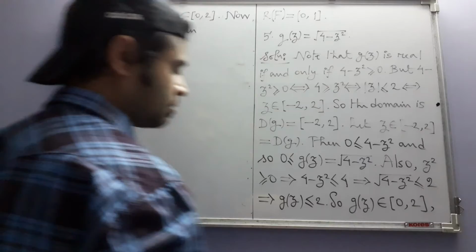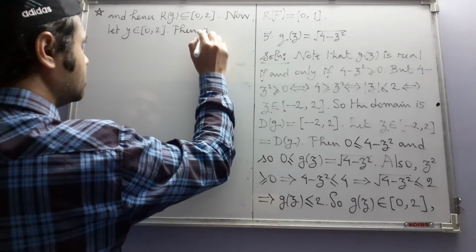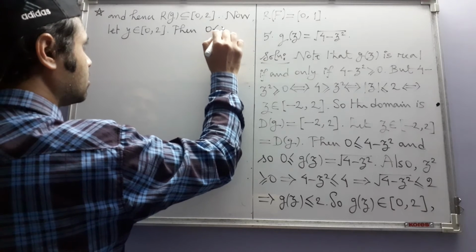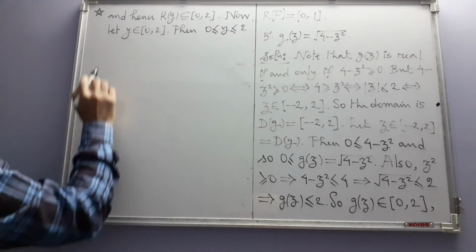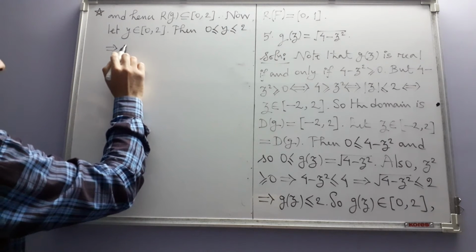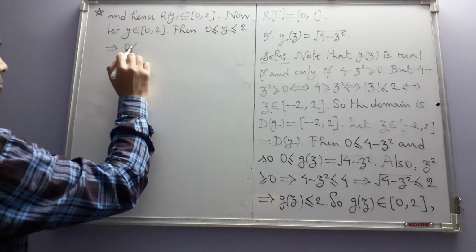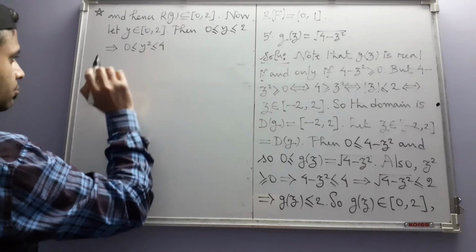Then 0 is less than or equal to y, which is less than or equal to 2. That implies 0 is less than or equal to y squared, that is less than or equal to 4.